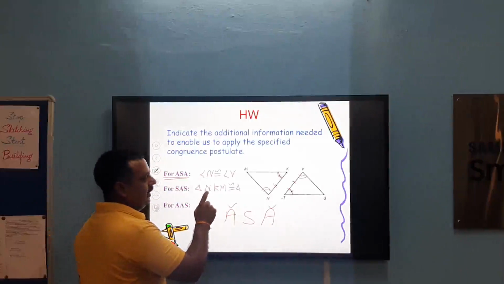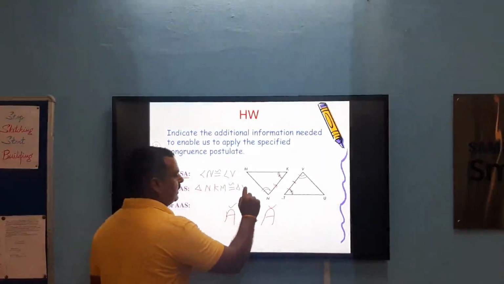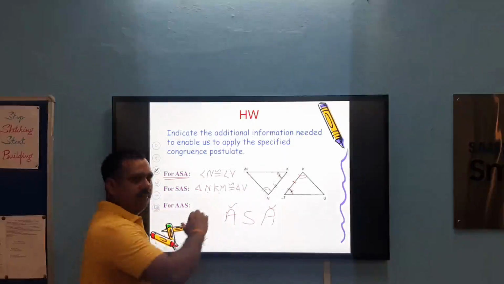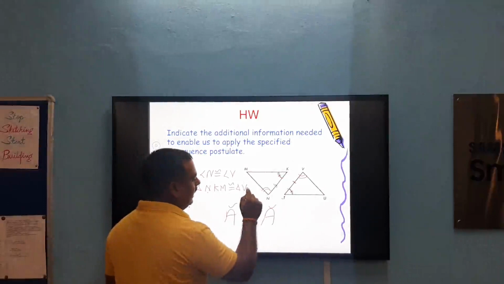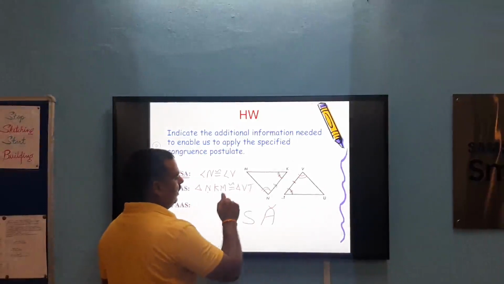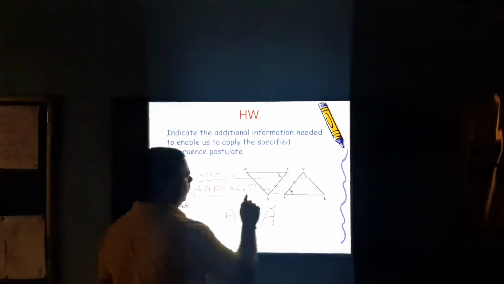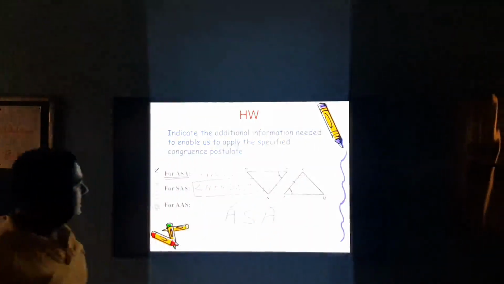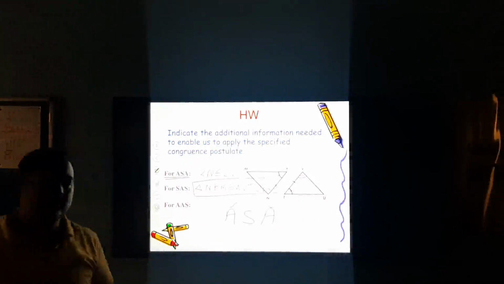If we write angle N here, then angle N is equal to angle V. So we start writing the other triangle's name from V, K equal to T, M equal to U, VTU. So this is triangle NKM congruent to triangle VTU.